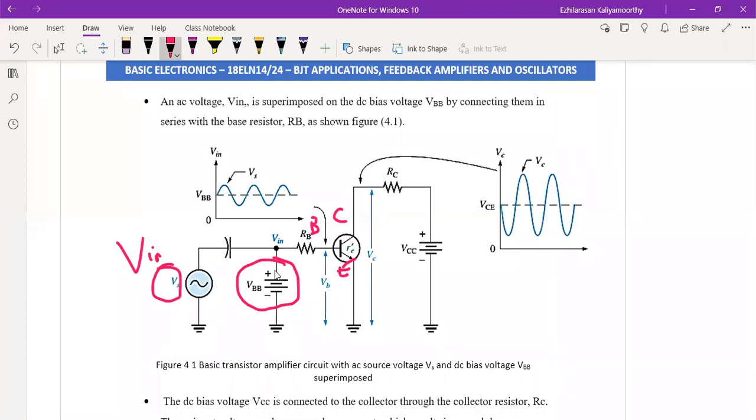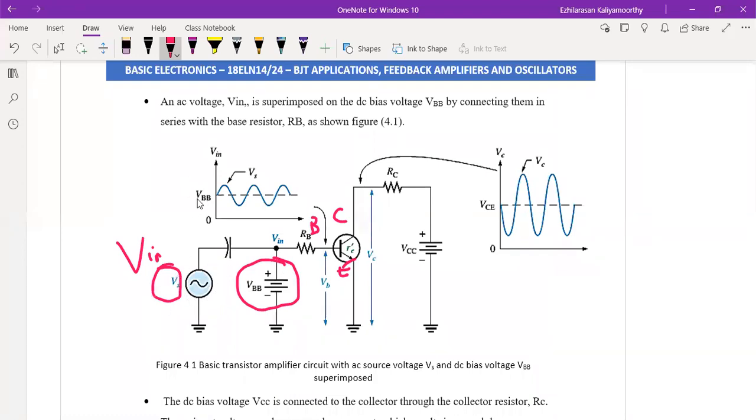So it is nothing but a forward bias: plus to plus, minus to minus. VBB is connected in series with the base resistance. At the same time, along with it, we connected an AC voltage source.